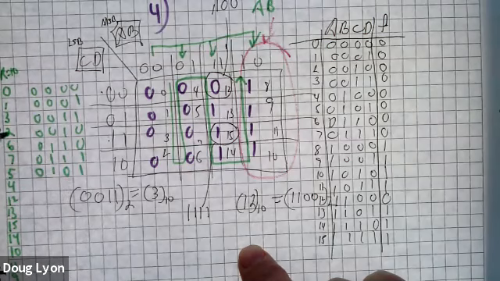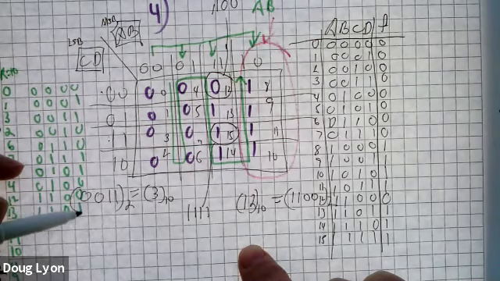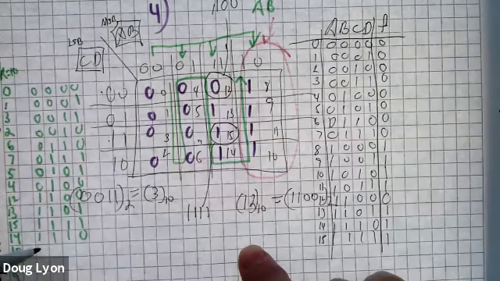Only 1 bit changed. 0100, 1100. Only 1 bit changed. 1101, 1111. Only 1 bit changed. Only 1 bit of difference exists as we go from one row to the next. Right, going from 14 to 10, only 1 bit changes.